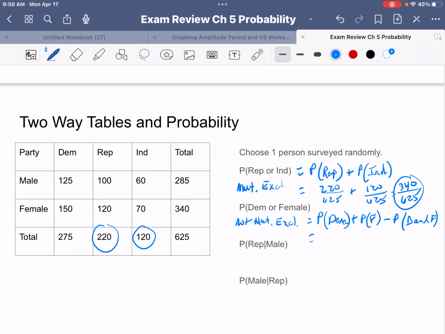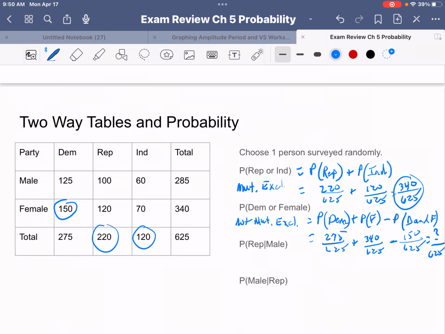So that's going to be 275 out of 625 plus 340 out of 625 minus Democrat and female, 150 over 625. So you just grab your calculator and get that numerator out of 625 and you're done.